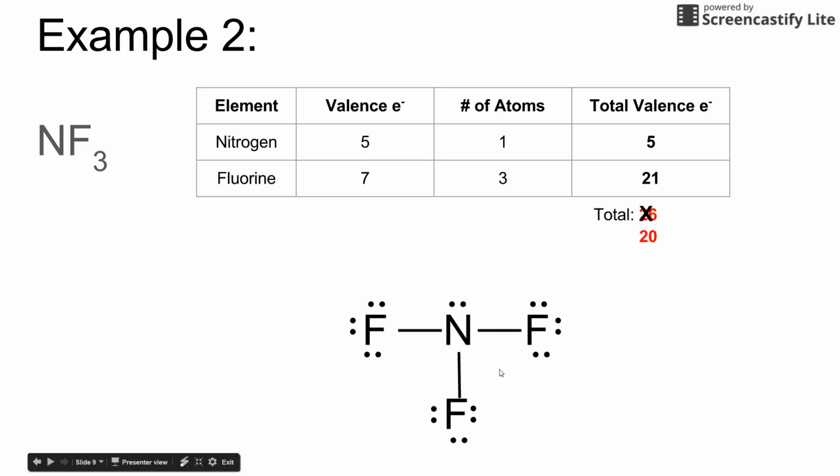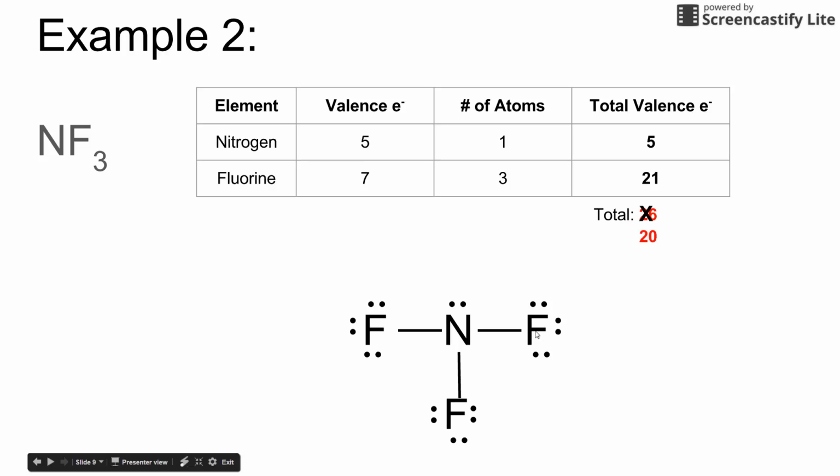Then you make sure everything satisfies the octet rule, because there are no exceptions in here. 2, 4, 6, 8: this fluorine is fine. 2, 4, 6, 8: this fluorine is fine. 2, 4, 6, 8: this fluorine is fine. 2, 4, 6, 8: this nitrogen is fine.